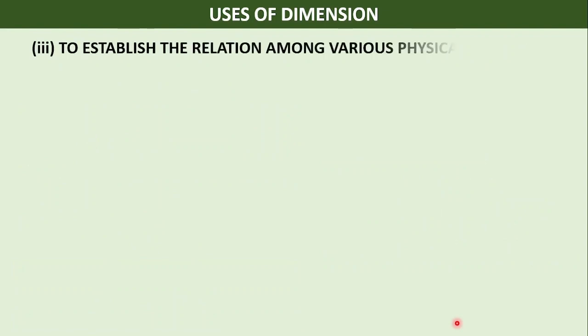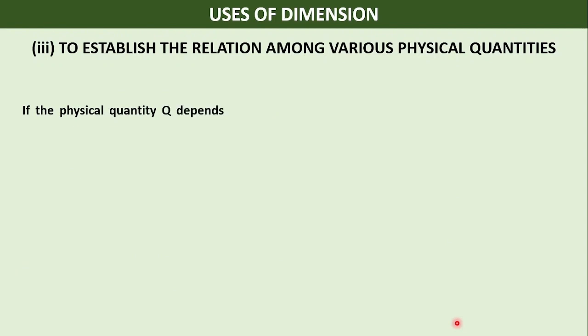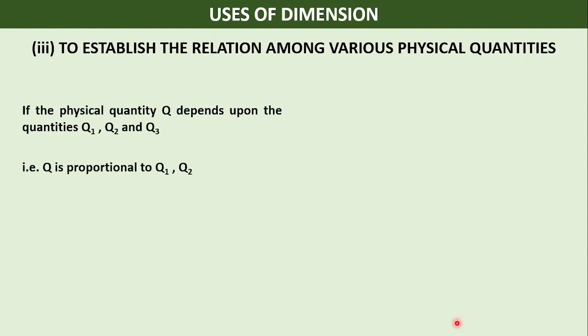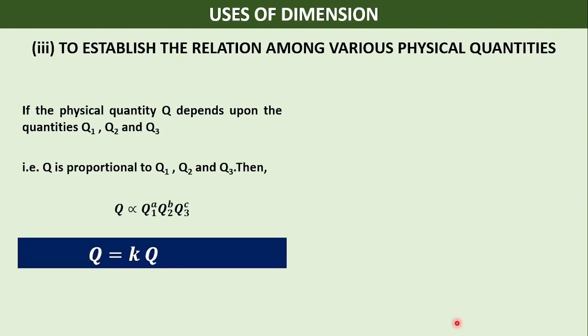To establish relations among various physical quantities, if the physical quantity Q depends upon quantities like Q1, Q2 and Q3, then Q is proportional to Q1, Q2 and Q3. Mathematically, we can write a proportionality equation, Q proportional to Q1 power A, Q2 power B, Q3 power C. So, let us have a proper equation.